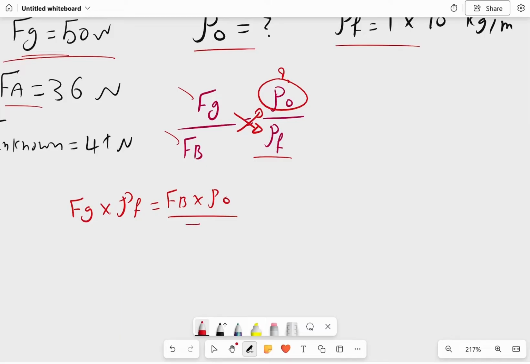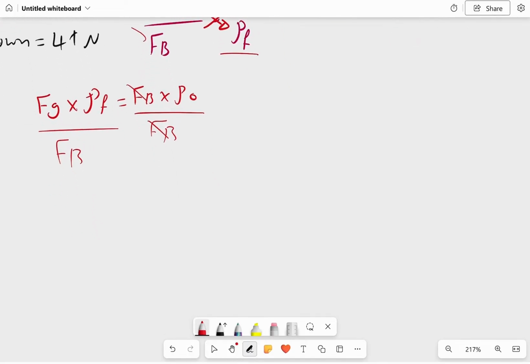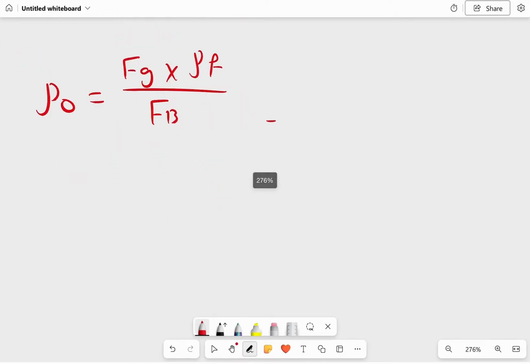Divide all of this by Fb, and this one also by Fb. Fb cancels, and you have this equation left: rho naught is equal to Fg times rho f divided by Fb.